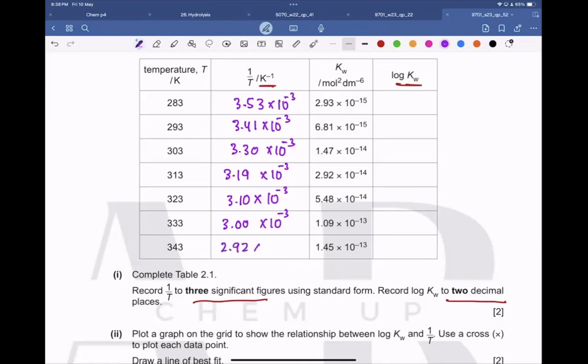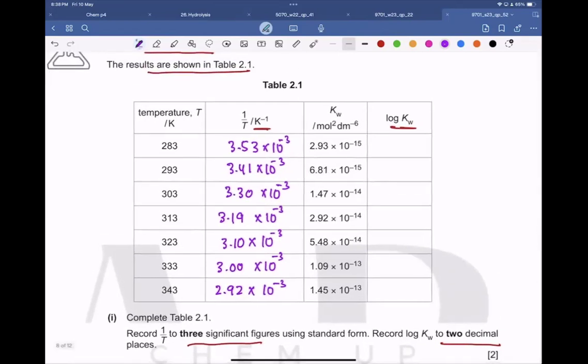Okay. Now the log Kw. And you have to answer it in two decimal places. Can anyone do it quickly? Log Kw, whenever there is a simple log, it's log base 10 only.